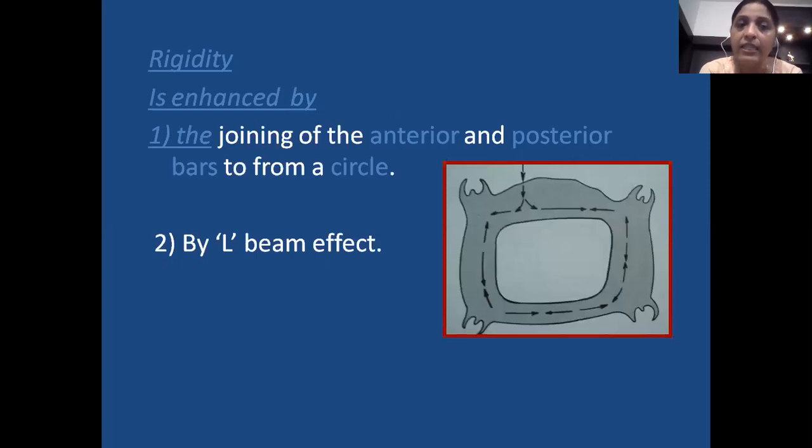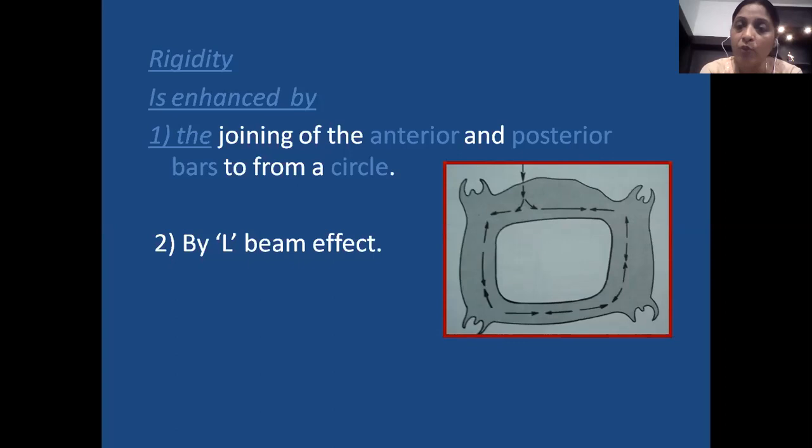Now, rigidity is enhanced by the design of the major connector. Major connectors are usually made with an anterior and posterior bar, and if these bars are connected to each other, then they provide an L-beam effect, which makes it more rigid. So the design and the material of the major connector make it rigid.